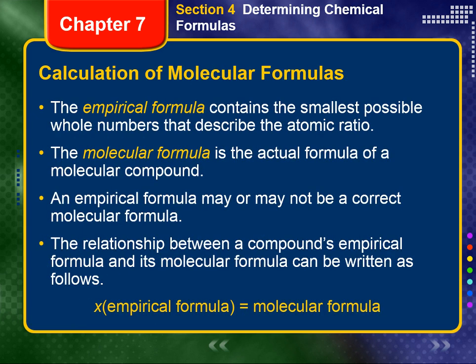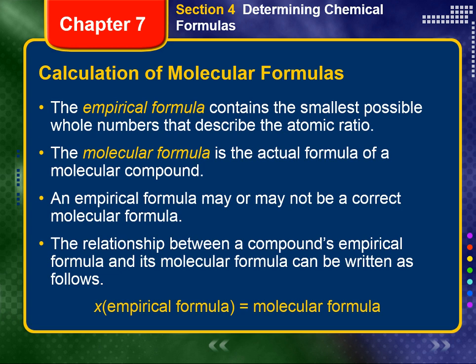Calculation of molecular formulas. Remember that the empirical formula contains the smallest possible whole numbers that describe the atomic ratio. The molecular formula is the actual formula of the molecular compound. An empirical formula may or may not be a correct molecular formula. For example, diborane's empirical formula is BH3.